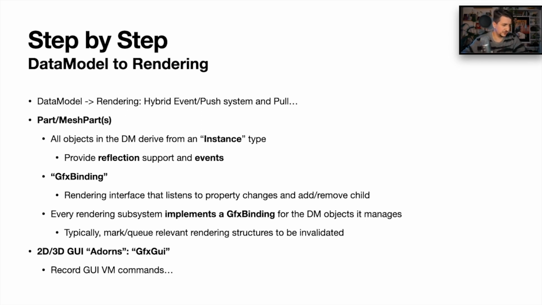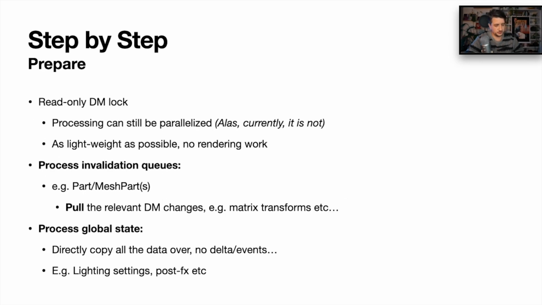We have a different system for the GUI, which is based on recording a kind of virtual command buffer, but I will not really go into that. So after parts move, they trigger certain events, they go through the GFX bindings that invalidate or queue things to be invalidated. We reach the prepare phase.